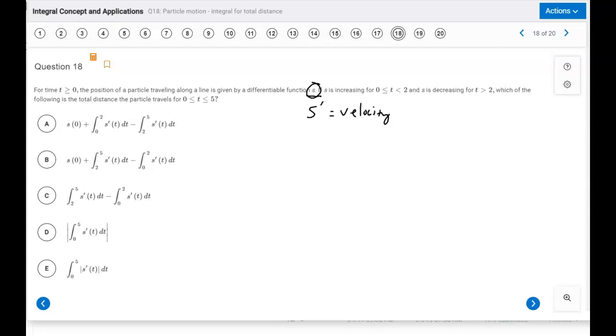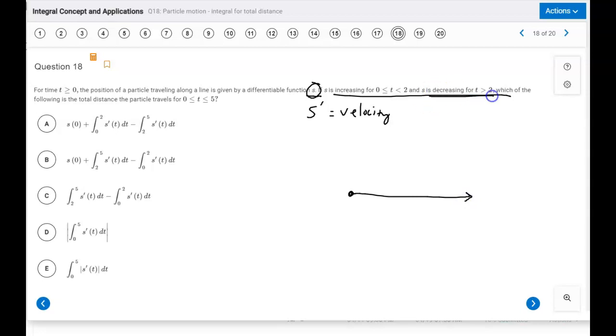Now, they tell us some information that's actually not horribly necessary, and to me it's kind of distracting, honestly, this entire sentence here. We don't really even need it, but we'll read it anyway. They say that from 0 to 2, the position is increasing. So imagine this particle moving: on the interval from 0 to 2, it's increasing its distance, meaning it's moving to the right.